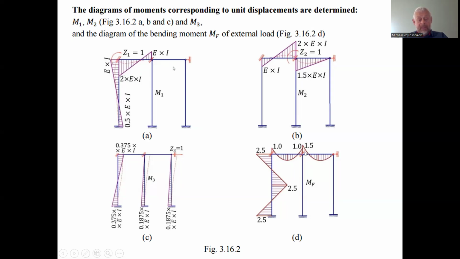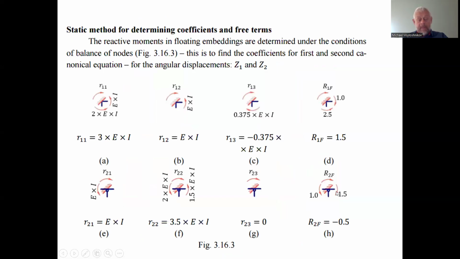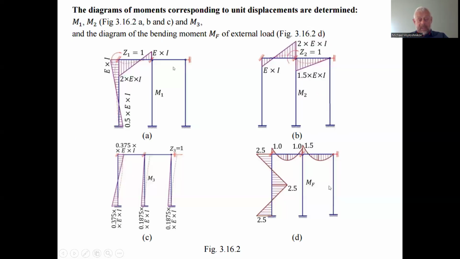They are introduced in the balance equation from the other sides, and finally we have minus 0.5. This is the free summand in the second balance equation.